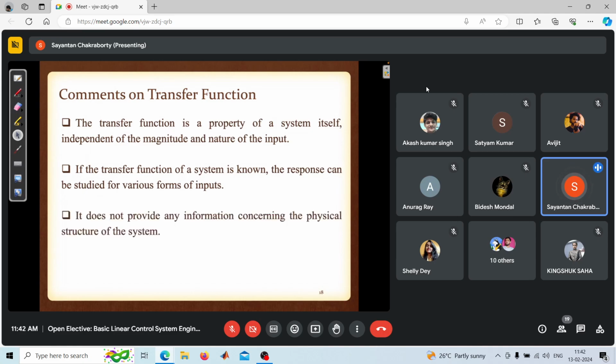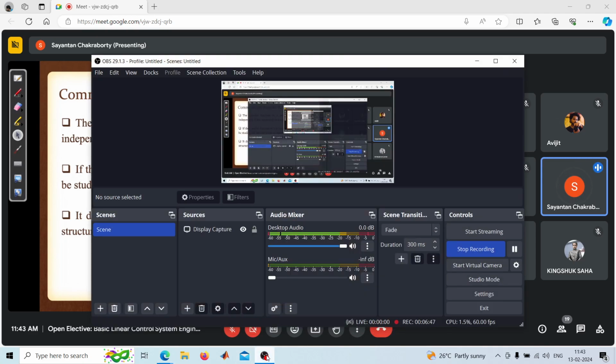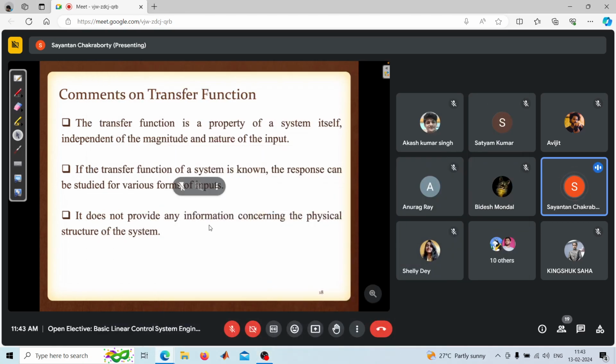Another important aspect is that a transfer function doesn't provide any information regarding the physical structure of the system, right? So you don't get any information regarding the physical structure of the system, and it falls in the category of analogous system, where a differential equation may represent a mechanical system or electrical system or hydraulic system, but the nature of the equation is the same.